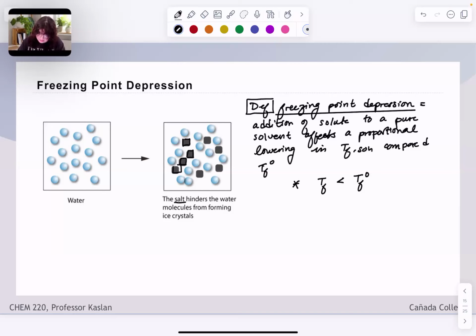This is our salt. So let's think about what's happening when a substance is trying to freeze. When a substance is freezing, you are lowering its temperature. So you're depriving the system of thermal energy, meaning you're depriving your molecules of kinetic energy. So pumping thermal energy out results in a slowing of molecules in solution.